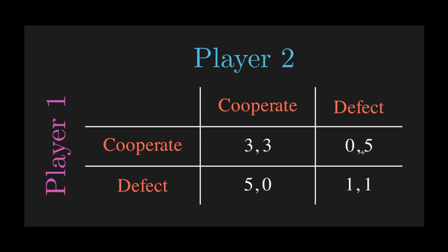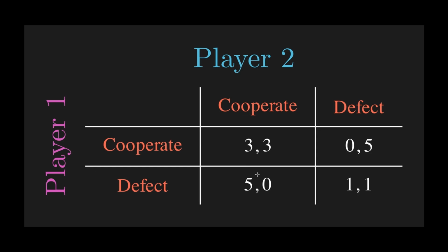In this case, player two gets a huge benefit: instead of getting 3, they get a payoff of 5. So player two has some incentive to switch from cooperate to defect and go from a payoff of 3 to a payoff of 5.